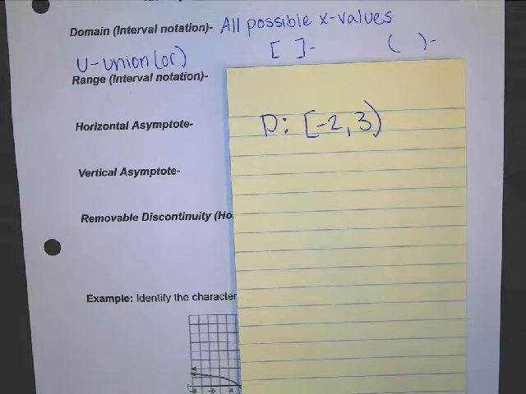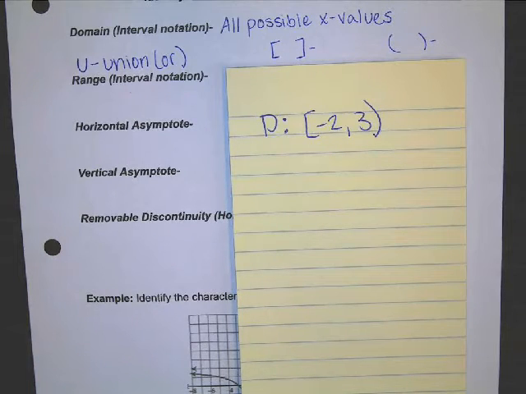Starts at? -2. Ends at? 3. 3, okay? But one has a bracket, one has a parenthesis. So it can't mean I start at -2 and I end at 3. There has to be some other details in there. Yes, what do you mean by that?